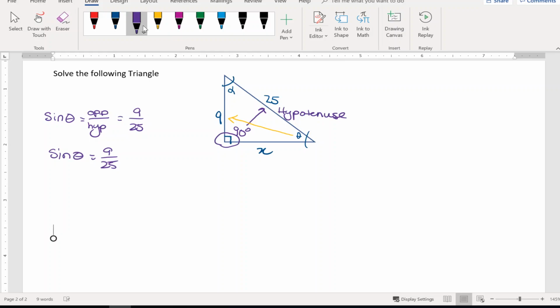We have the ratio. Now, to find that angle, we need to do something called the inverse sine. The inverse sine looks like this, and when you take the inverse sine of both sides, what happens on the left-hand side here is those cancel each other out, and we're left with just theta.